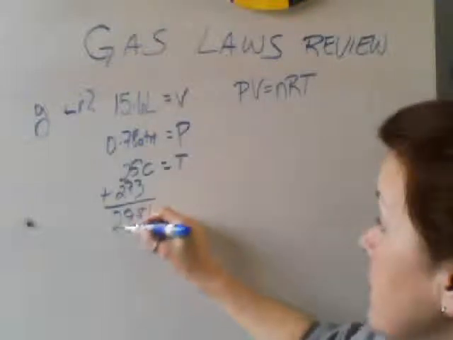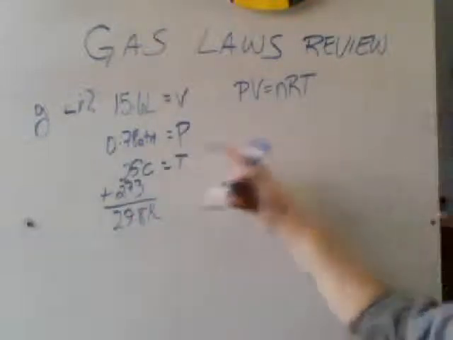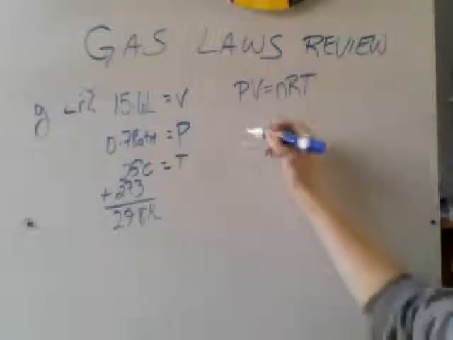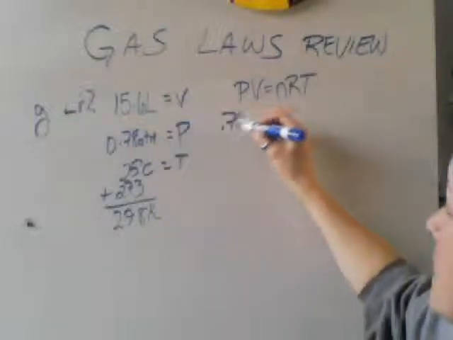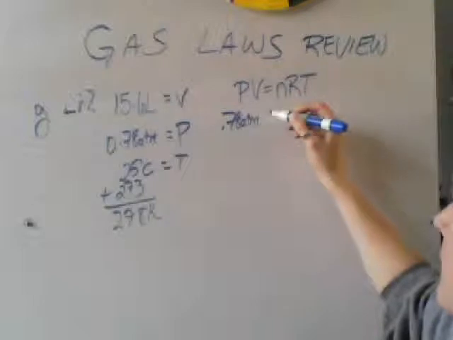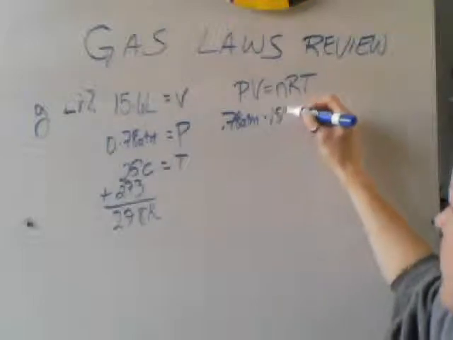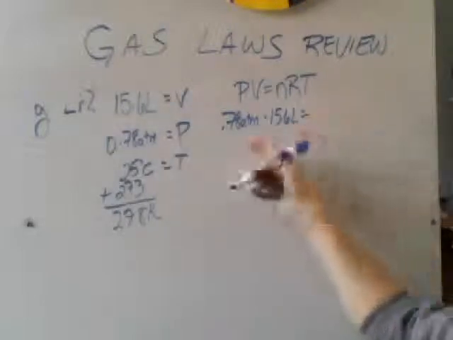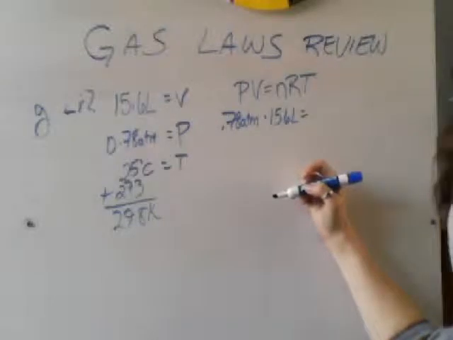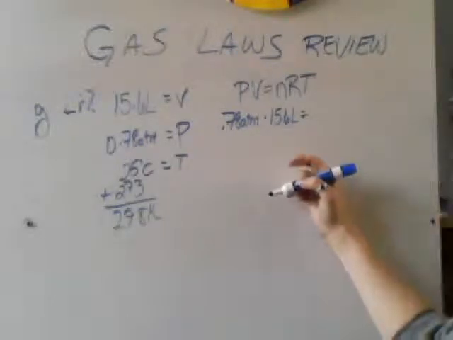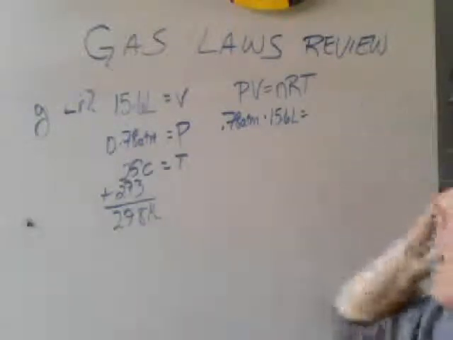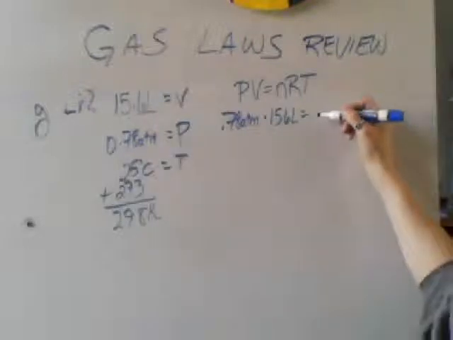to get a temperature of 298 Kelvin. And we're going to substitute that into our problem, and we get 0.78 atmospheres times 15.6 liters. I'm keeping my units as I work through my problems because I know that will help keep me straight and help get me a better grade on the test.